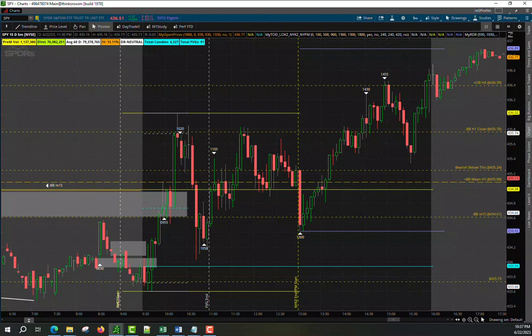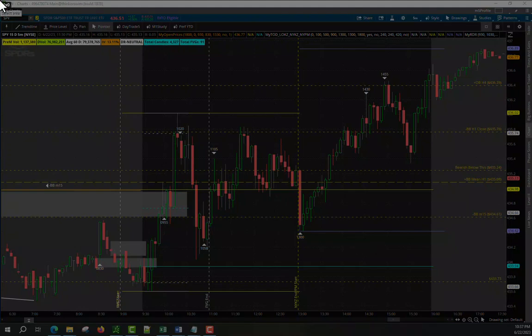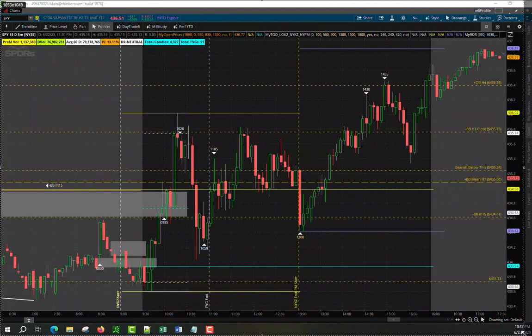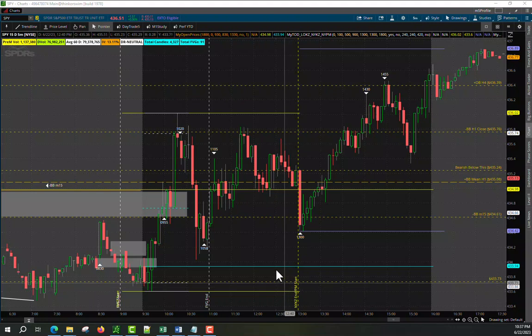So let's take a screenshot of this. We have two setups that overlap. Beautiful right there. Okay, let's go with the first setup right here. This is our first entry.